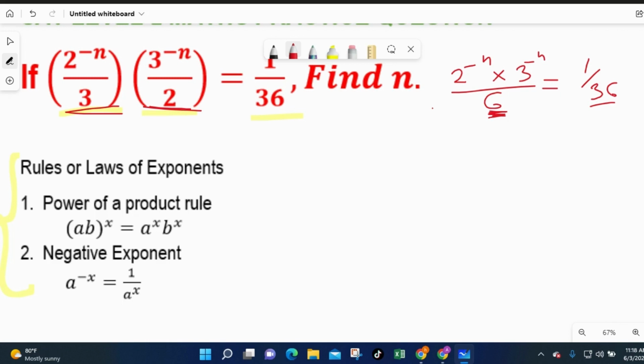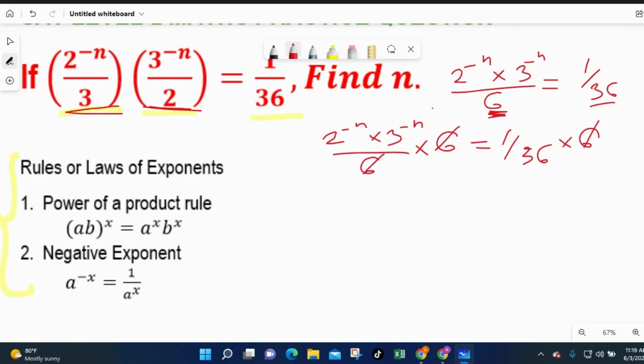So when we do that, we are going to have our 2 raised to power minus n multiplying 3 raised to power minus n over 6 multiplied by what? 6. And that will be equal to 1 over 36 multiplied by what? By 6. So 6 will cut 6 here, and 6 here 1, 6 here will give us 6.